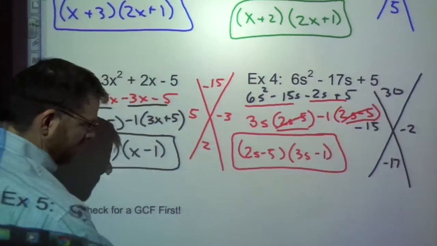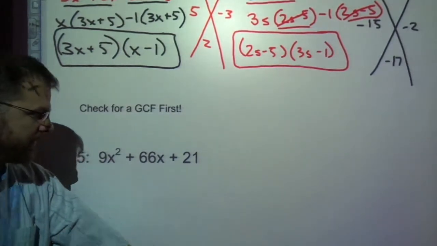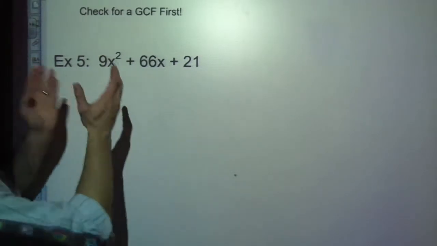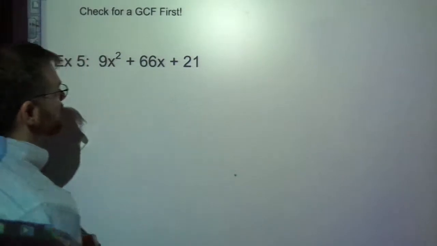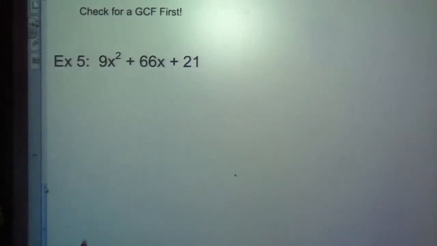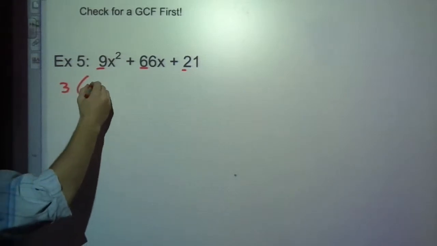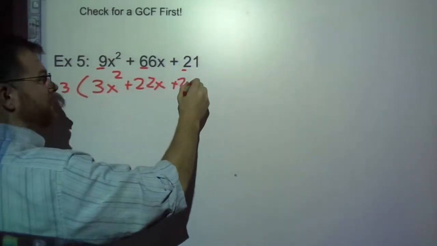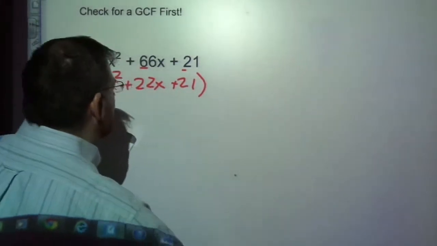Last but not least, make sure to check for a greatest common factor first. If we've got huge numbers like this, that's not going to be any fun to find things that multiply to be 189 and add up to be 66. So instead, always check for a greatest common factor. I can divide a 3 out of all of those, which would give me 3x squared plus 22x plus 7, when I divide it by 3.